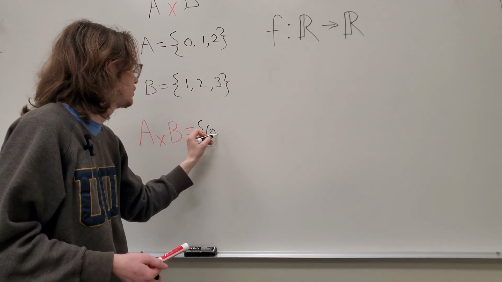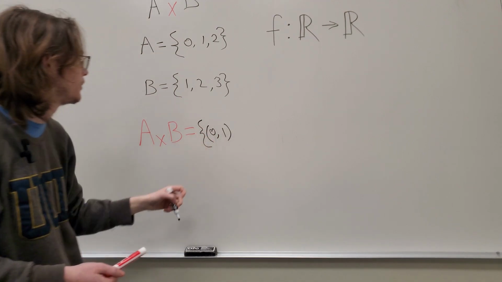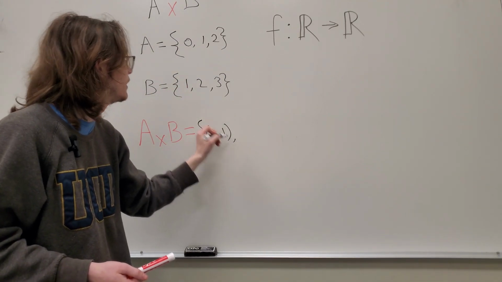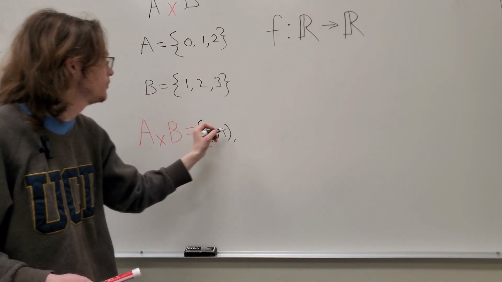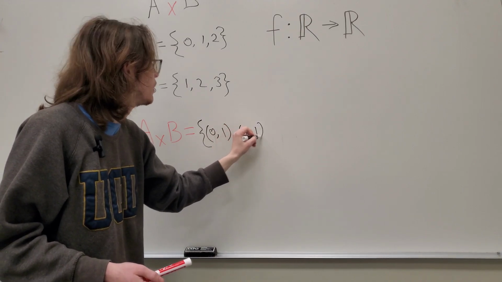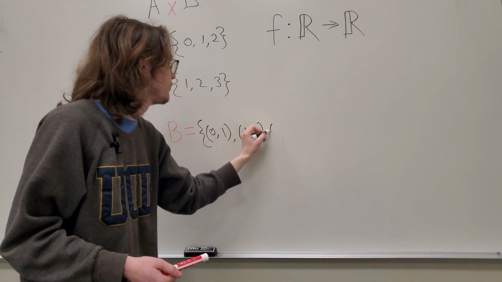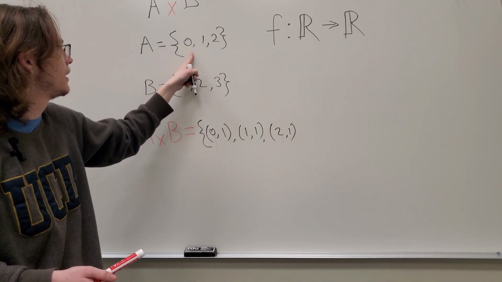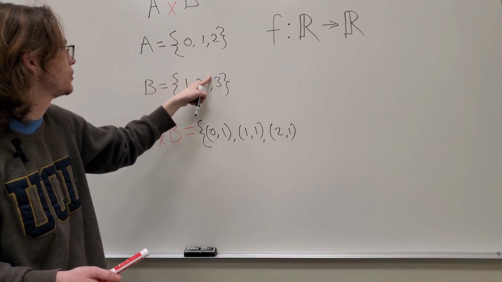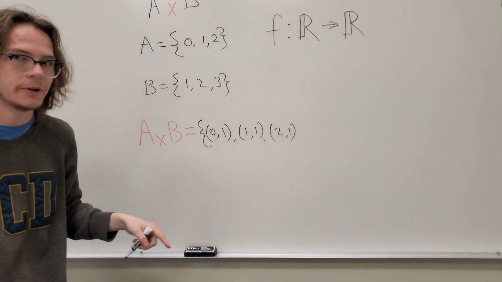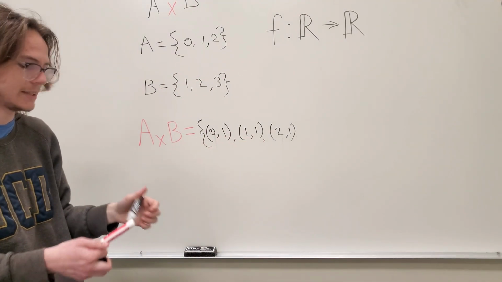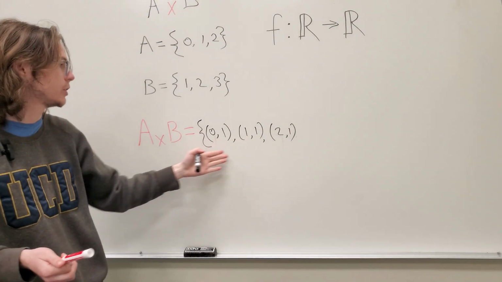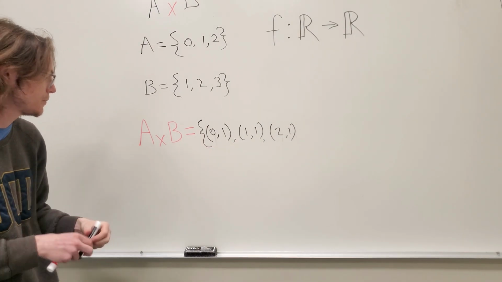And so that is, of course, 0, comma 1. This whole ordered pair is the first element in this set. Next up, we'll have 1, 1, then 2, 1, then we'll have 0, 2, 1, 2, 2, 2, 0, 3, 1, 3, 2, 3. So hopefully that makes sense. I'm not going to write it all out. But yeah, that's what the Cartesian product is in sets.